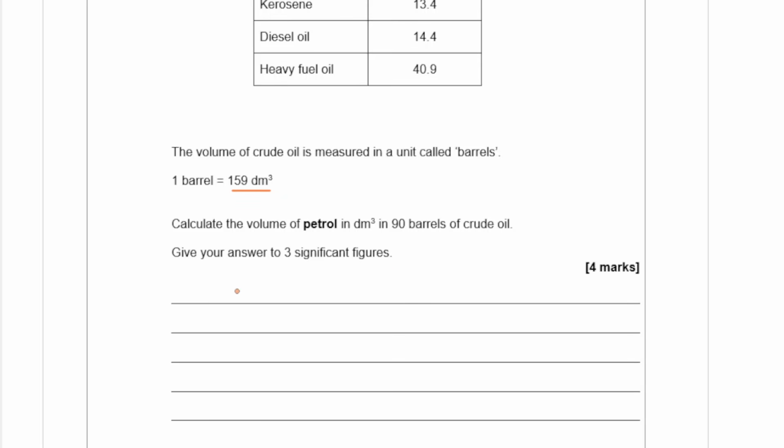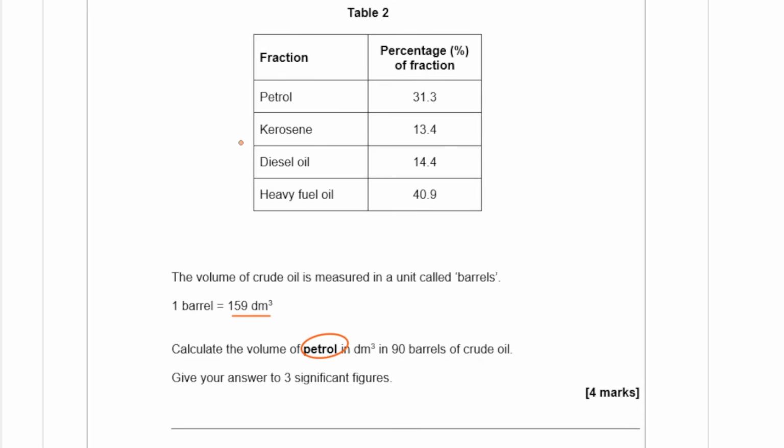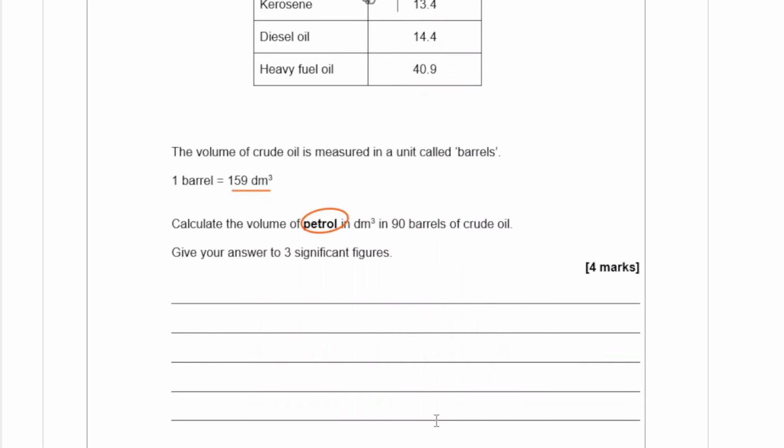So remember, what is the percentage of petrol? It is 31.3%, that's 31.3% in 1 barrel. So let's find the total volume of crude oil in 90 barrels.